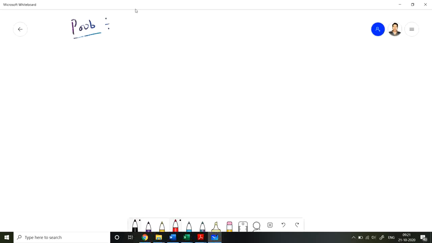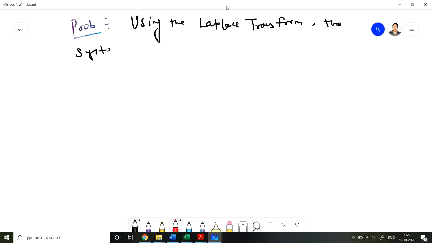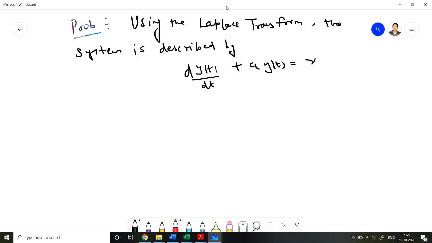So the problem is: using the Laplace transform, the system is described by dy(t)/dt plus a y(t) equals x(t).